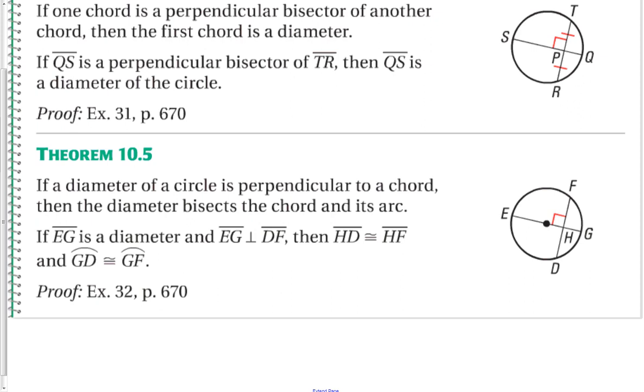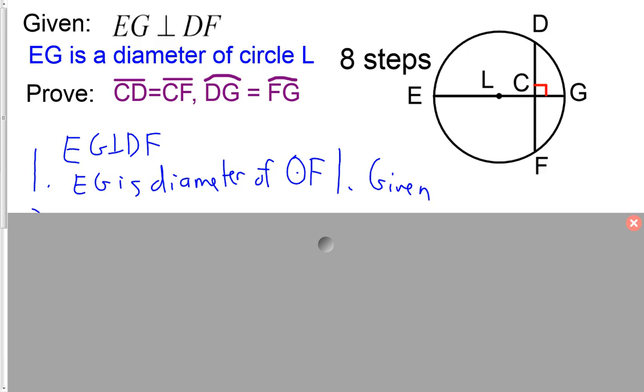And so I believe we'll be proving the bottom one here. Given we've got EG perpendicular to DF, that's right angles there, and we have 8 steps. And again, 8 steps is typically because perpendicular adds a couple, and look what we're proving, right? If we have EG as a diameter of the circle, we're proving the bisector, right?